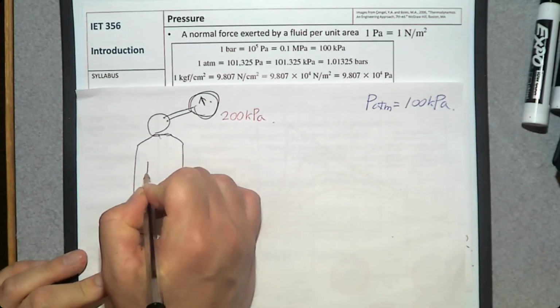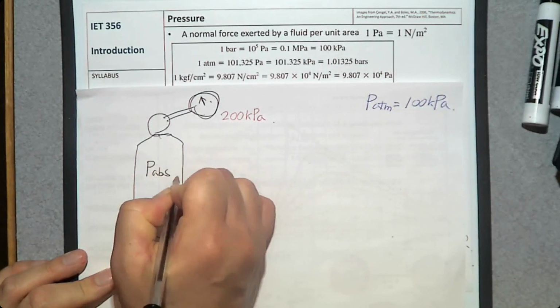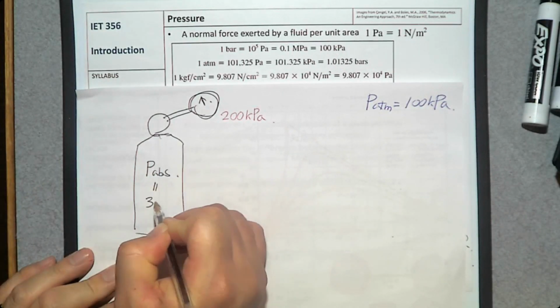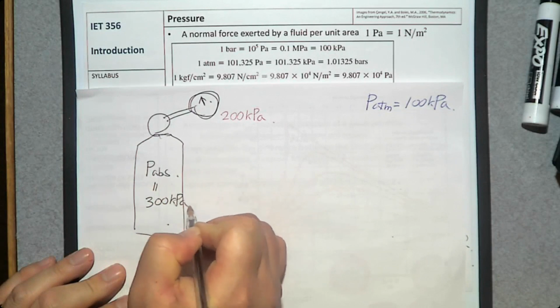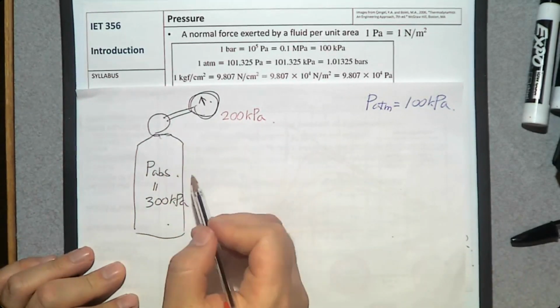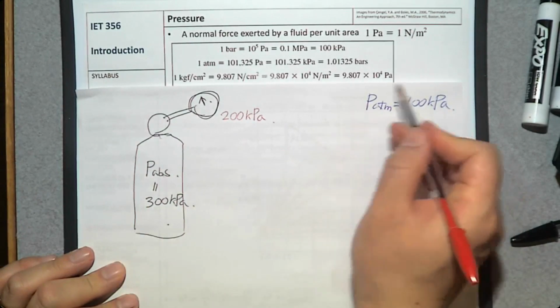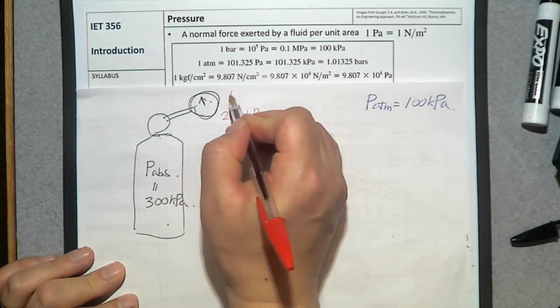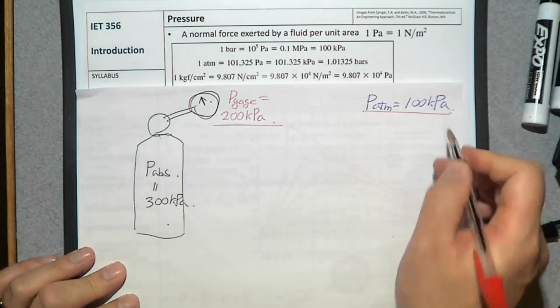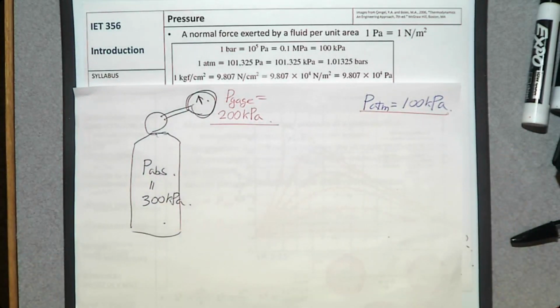So what is the absolute pressure? ABS. Not anti-braking system, this is absolute pressure. The absolute pressure is going to be 300 kilopascal. The gauge pressure can only measure the difference between absolute pressure and outside atmospheric pressure. So P gauge is 200 and atmospheric pressure is 100.